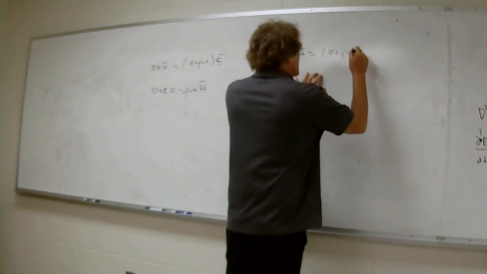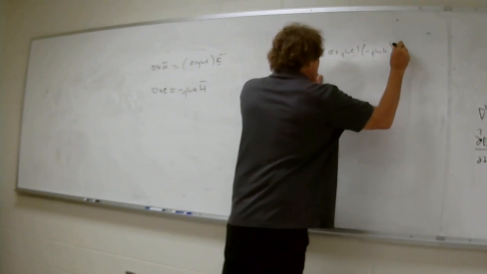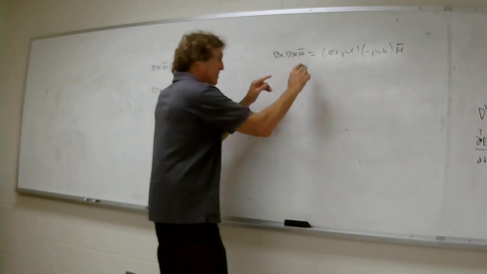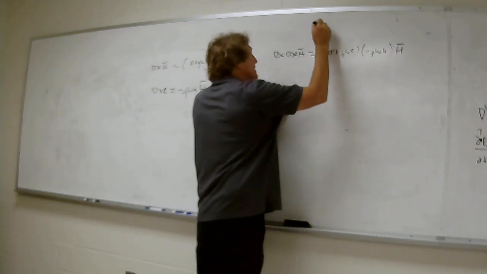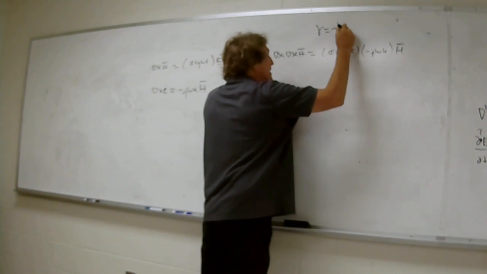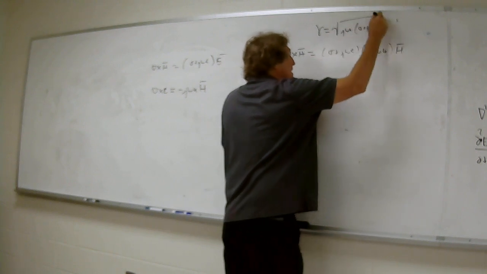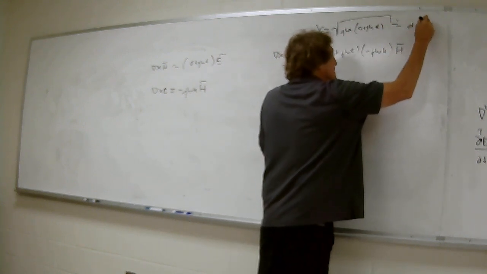So it's going to be times minus j omega mu times H. Then you can call, of course, gamma equal to the square root of j omega mu times sigma plus j omega epsilon. Gamma is alpha plus j beta.